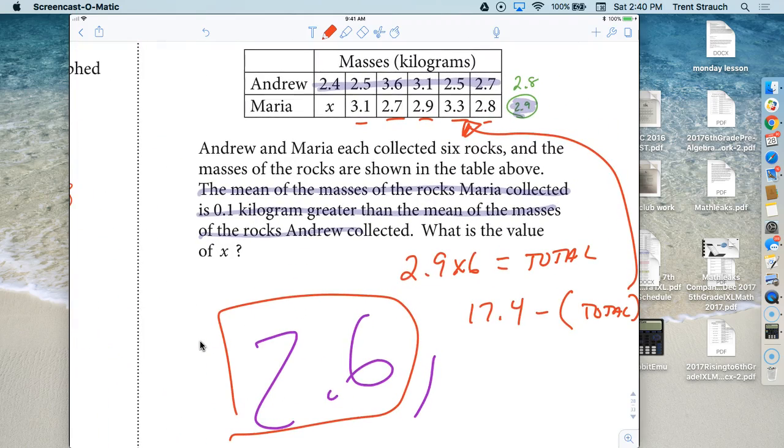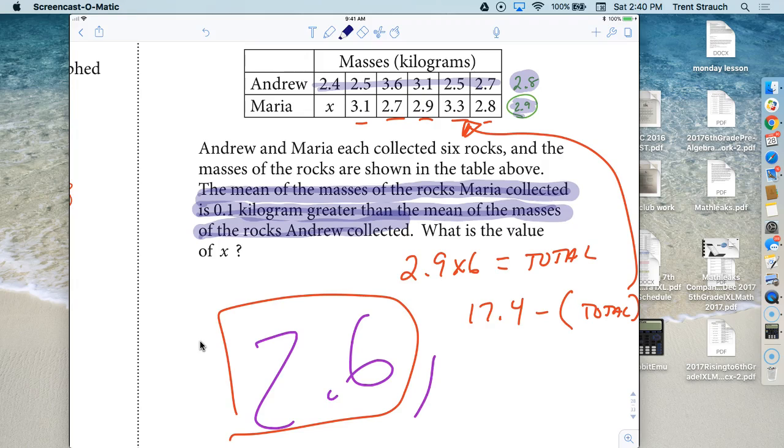So the first thing we do is we see this. It says Andrew and Maria each collect 6 rocks, and the mass of the rocks are shown in the table above. The average of the mass of Maria's is 1 kilogram greater than the average of Andrew. So it's easy to figure out what Andrew was, right? Andrew is definitely 2.8. You get that?